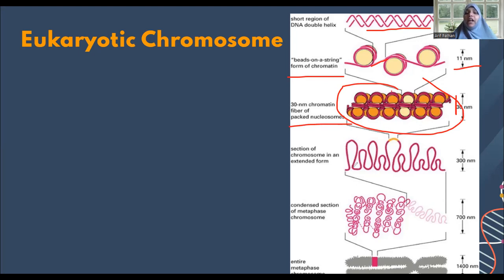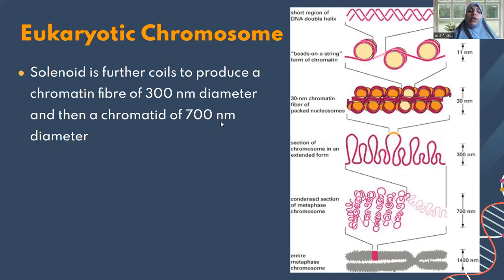Now, they will undergo looping, supercoiling, folding. A section of the chromosome is in an extended form. At this level, the diameter will be 30 nanometers. Further supercoiling, and then it takes the phase where it looks like a metaphase chromosome. So you can go from down to up or up to down.